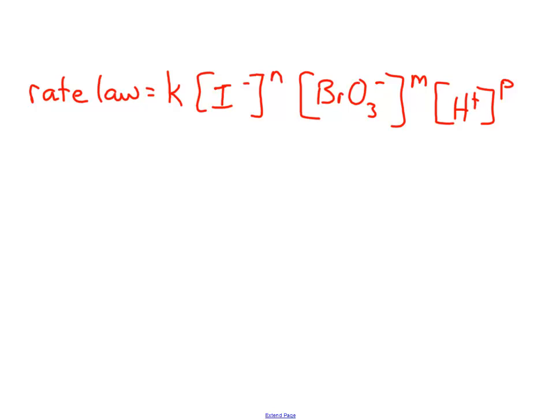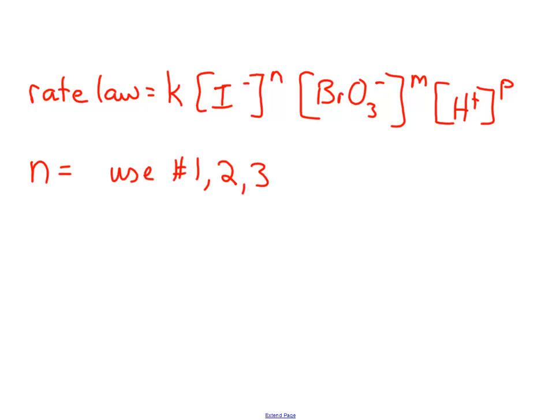It turns out you're going to be able to do 3 trials for finding the order for N and for M and for P. So let's look at finding N. If we look at our reaction charts and I look at our 8 experiments, the first 3 experiments, bromate ion concentration is constant. Hydrogen ion concentration is constant. So those would be the 3 that I would use to find the order for N. So I'd compare 1 to 2, 1 to 3, 2 to 3.